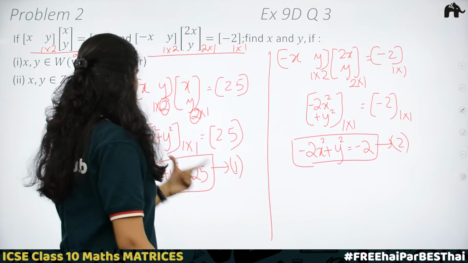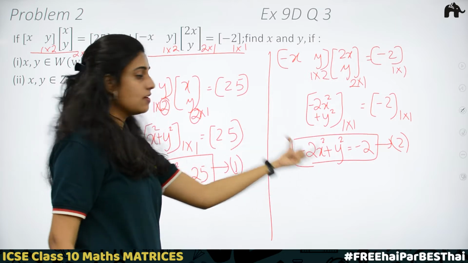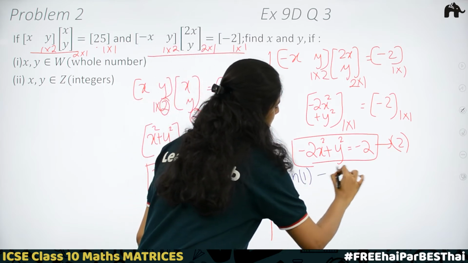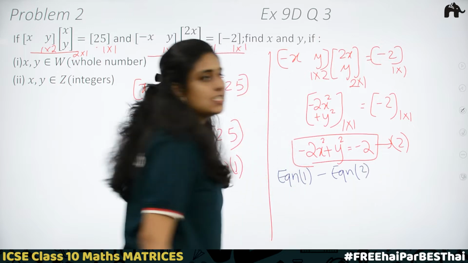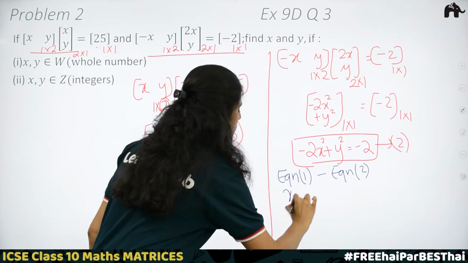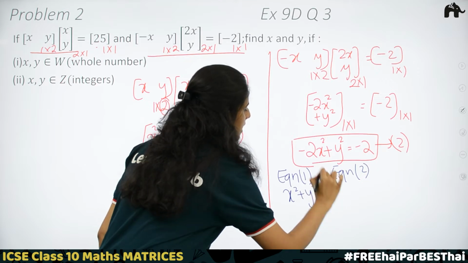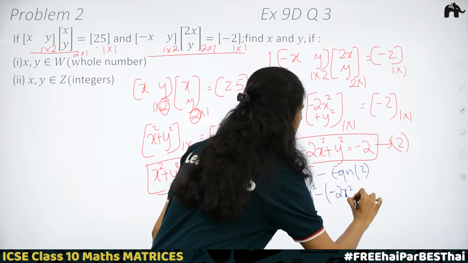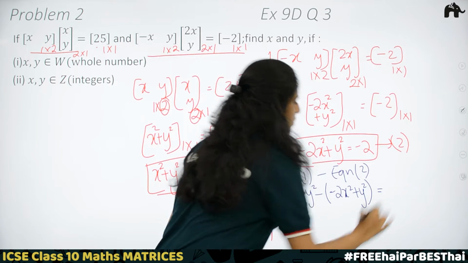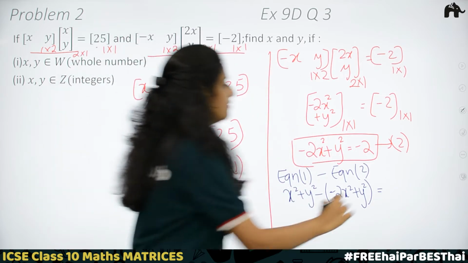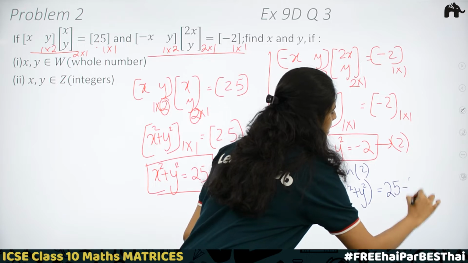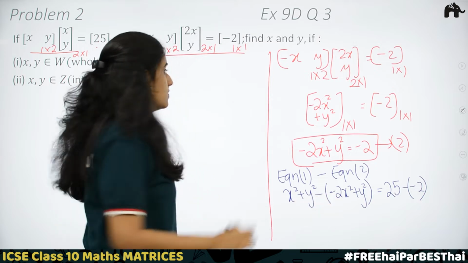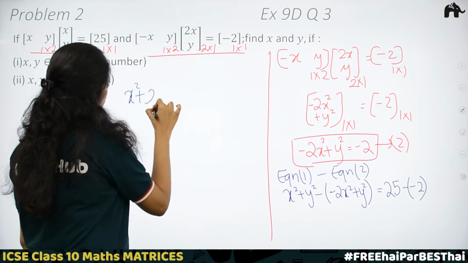Here, I am going to subtract equation 2 from equation 1. What do I get? Equation 1 minus equation 2. First take the left hand side. Here we have x square plus y square minus, from equation 2, minus 2x square plus y square. That is equal to, now the right hand side, 25 minus minus 2. x square minus of minus 2x square is x square plus 2x square.